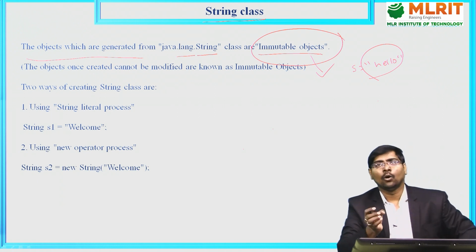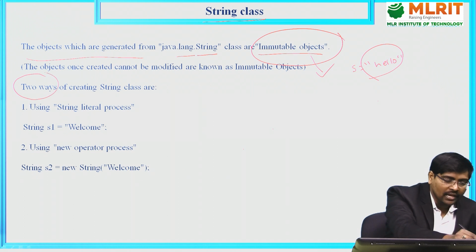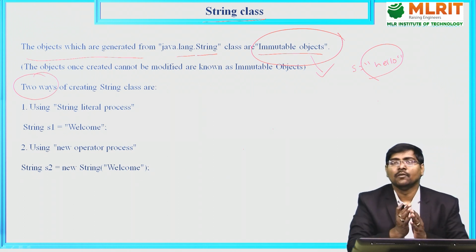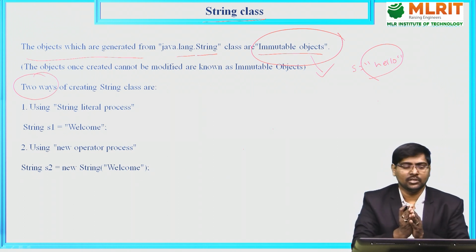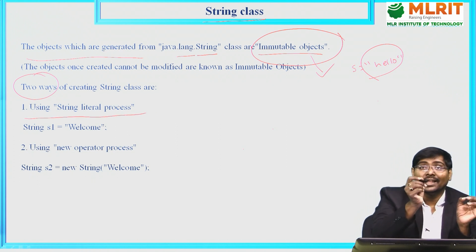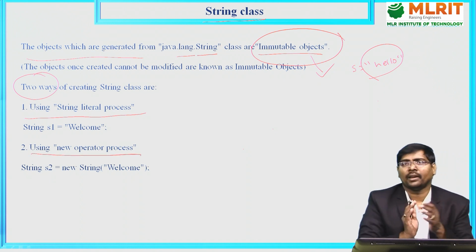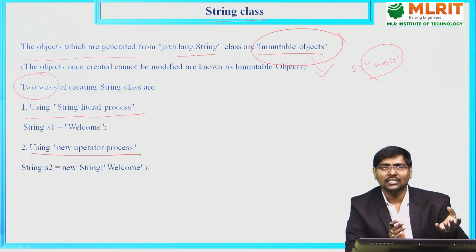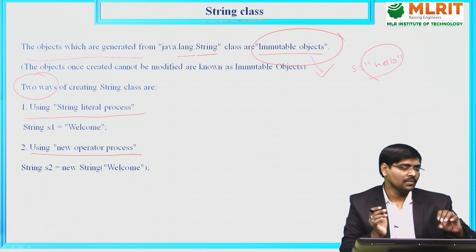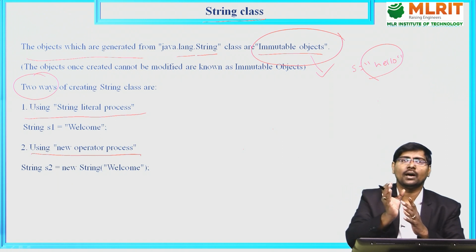Fine. Now, creating the string object. There are two ways for creating the string object. The first one is the string literal process. The second one is the new operator process. What is the difference? String literal process is like C language, C++: directly you assign the value.